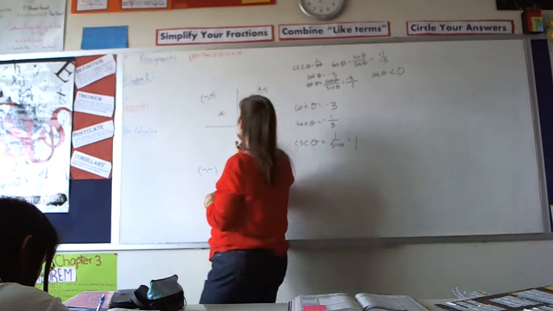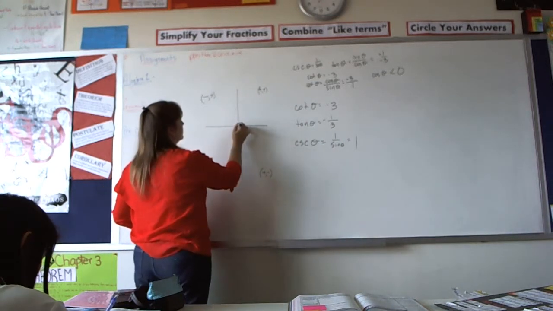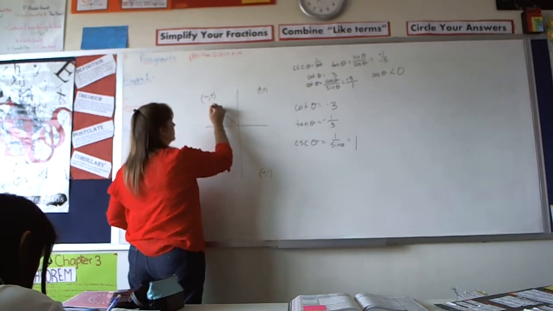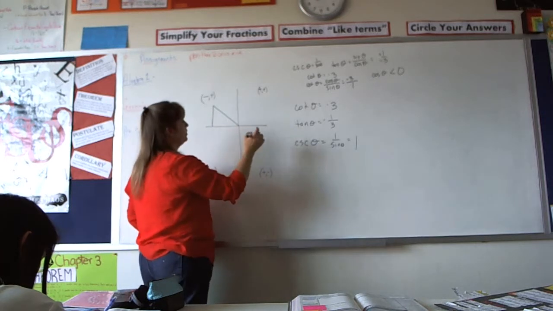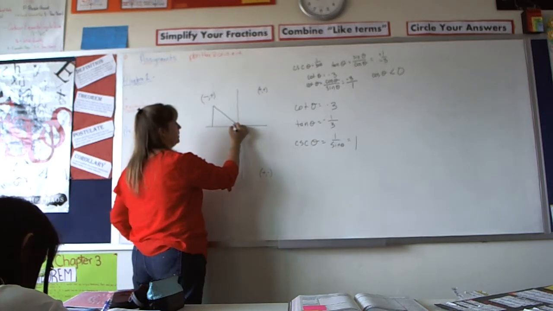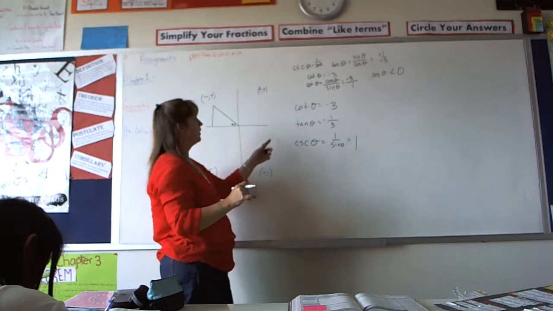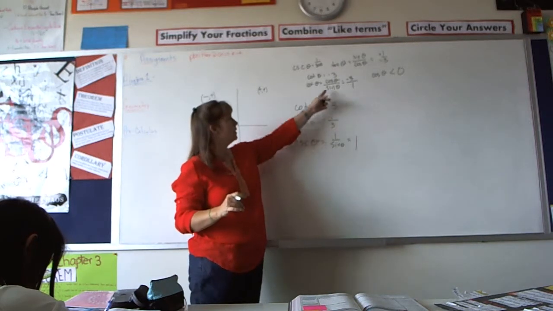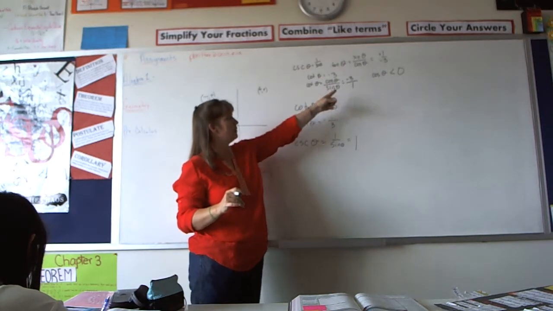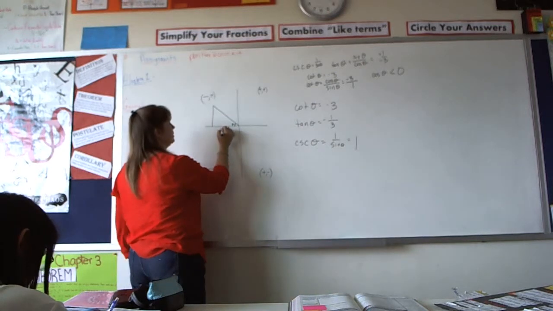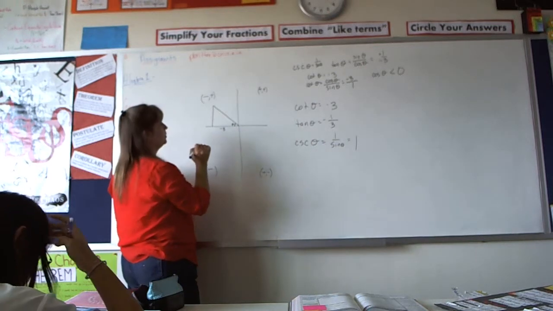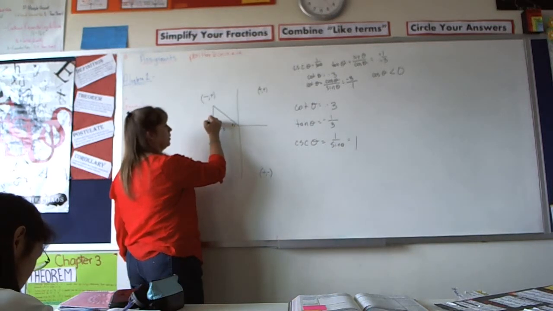Let's draw it. Okay, so we've proven that this is our theta, right? We've proven so far that the cotangent, which is cosine over sine, is -3. So we know this is -3. And the sine would be 1.